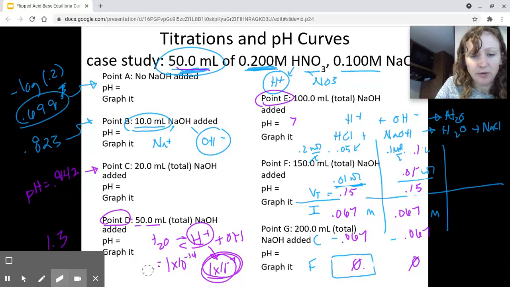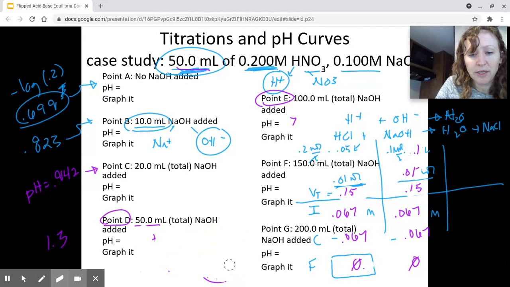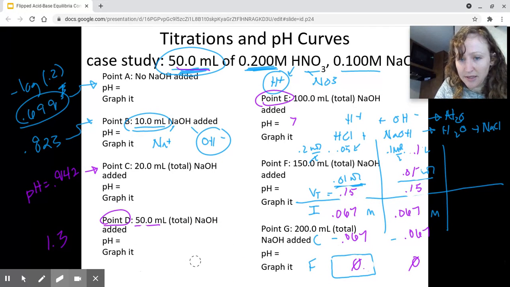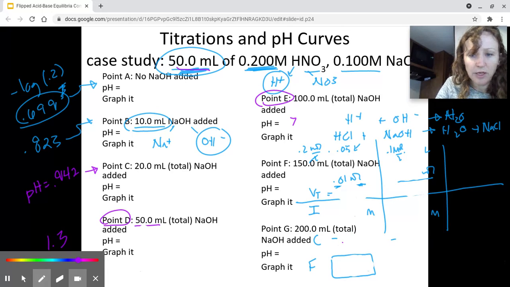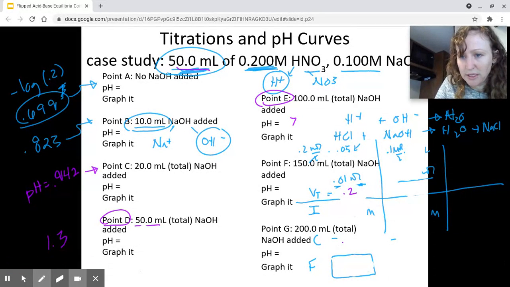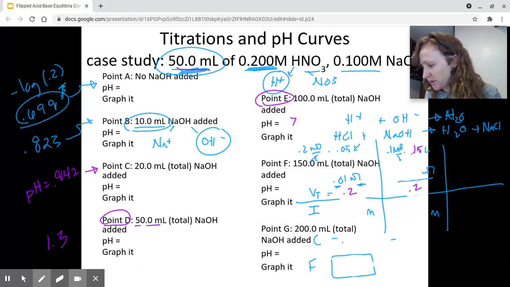All right, I'm going to erase this water to clean it up a little bit. All right, let's look at point F, 150 milliliters added. If 150 milliliters have been added, that means my total is at 200, so 0.2. So 0.15 added, 0.2 total.